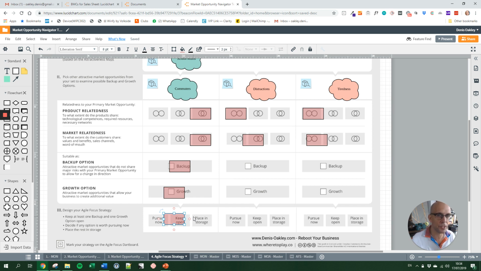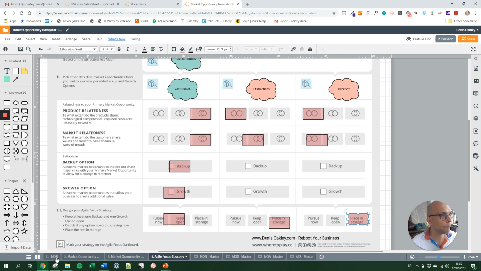A focus strategy is good, but when we're designing the app, when we're talking to people, if there's the opportunity to be asking the questions, to be getting ready, to be making a sort of passive provision in the app for a potential expansion, that's what we do. So no active development of the commuter strategy, but it's there in our mind. This is what we are going to do if the school mums fails. The other two, honestly, I think they're too different, and I'm going to put them both into storage.